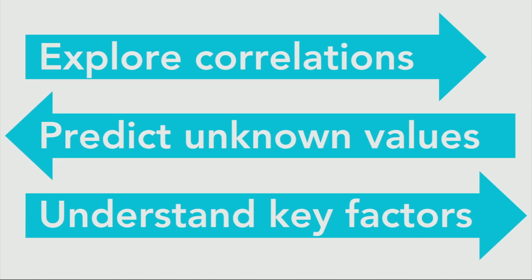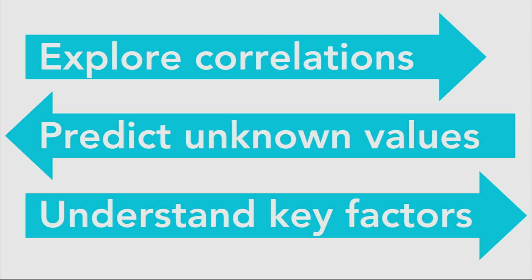And why is it useful to model relationships? Well, we can explore correlations, so see how things are related in a linear way. What we really are after in a lot of these cases is predicting unknown values, right? So we know the relationship, we see that there's some sort of pattern. As one variable changes this many units, the other variable is going to change that many units, and that helps us predict unknown values.